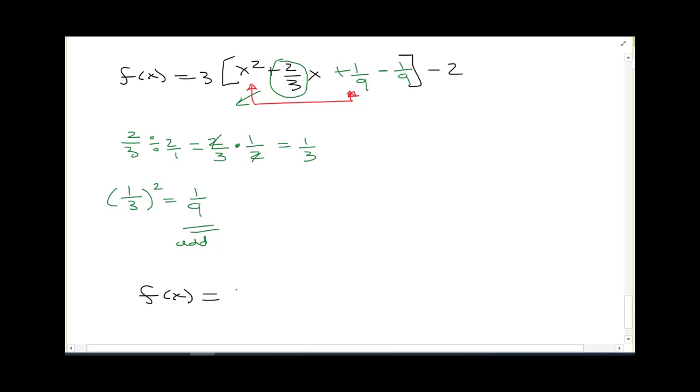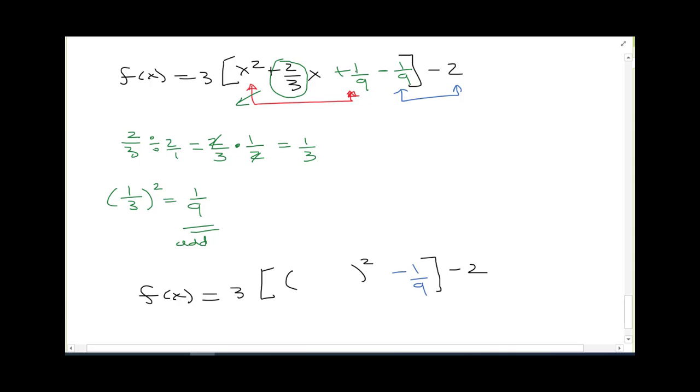So let's go down here. I'm going to have f of x then is 3, and then the bracket, and now which perfect square? And then my -1/9 minus 2. I'm going to have minus 1/9. Oh, but that's still inside the bracket. So I'm going to leave the bracket there and then minus 2. So which perfect square do I have here? This is a little bit harder to do because we have fractions, right?